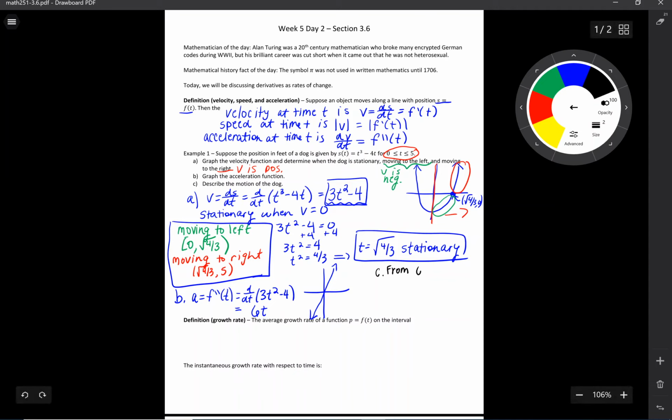From 0 to square root of 4/3 seconds, the dog is moving left. At square root of 4/3 seconds, the dog stops and turns around.